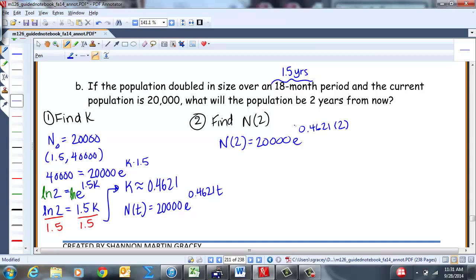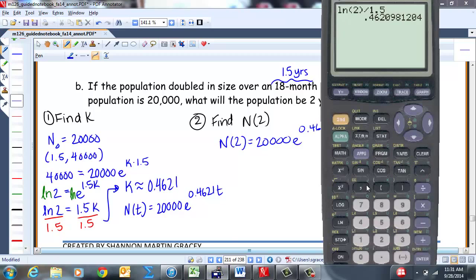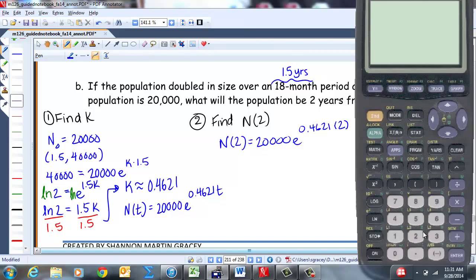So going back to our calculator, we will get... okay.